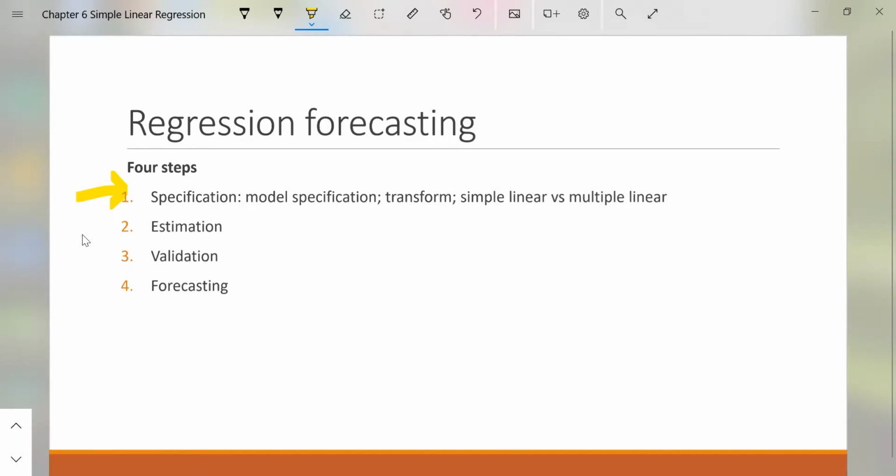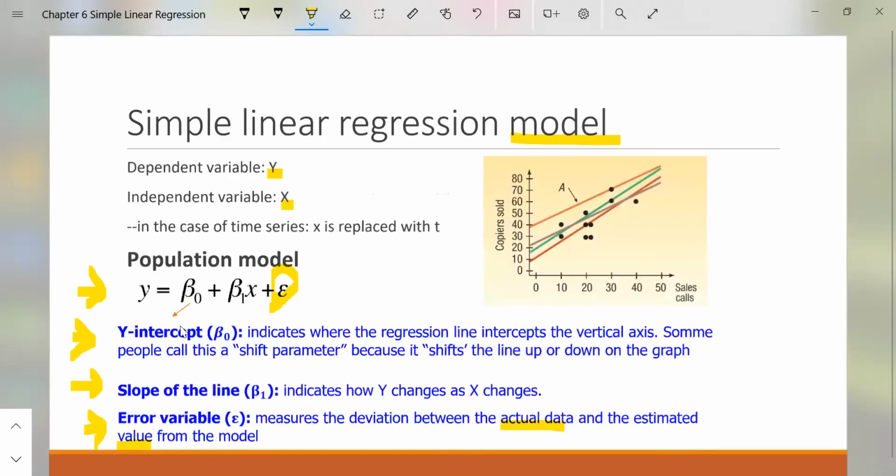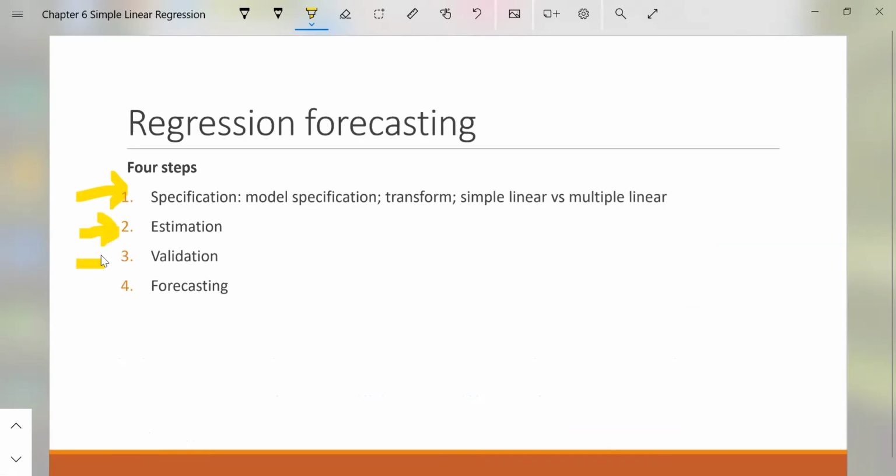Once we decide the model, we can fit the model to the data, and we call that step the estimation. The estimation basically just means within the model, we want to identify beta 0 and beta 1, replace them with specific numbers. And the third step is the validation step, which means we want to verify whether our model is valid or adequate or not.